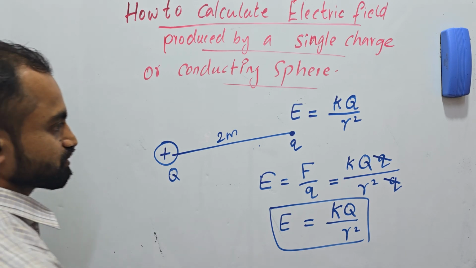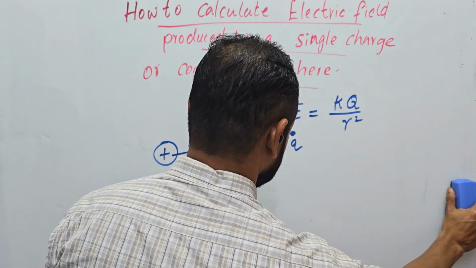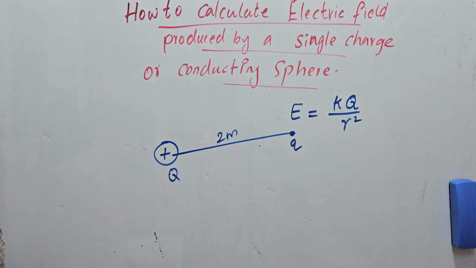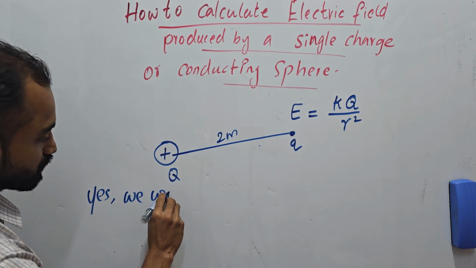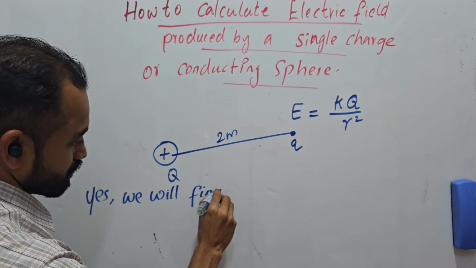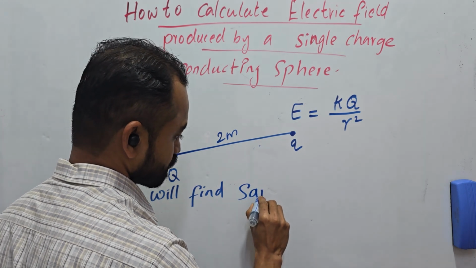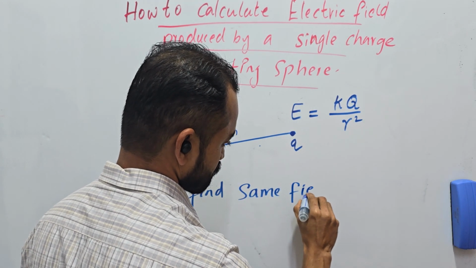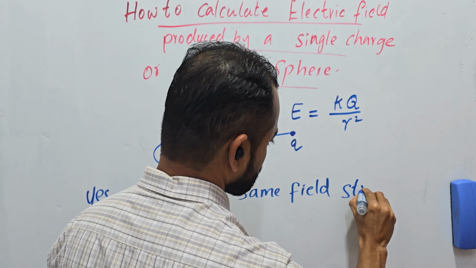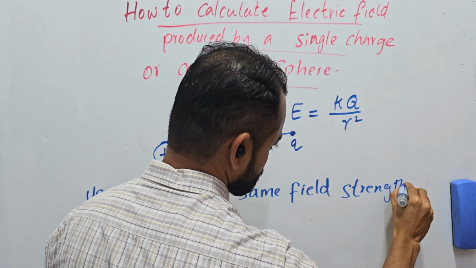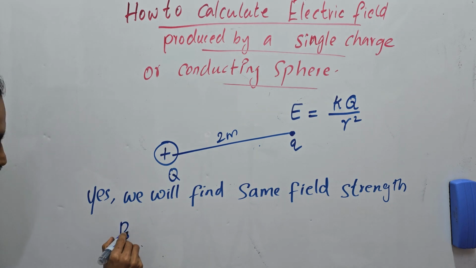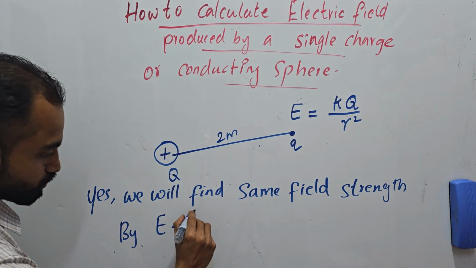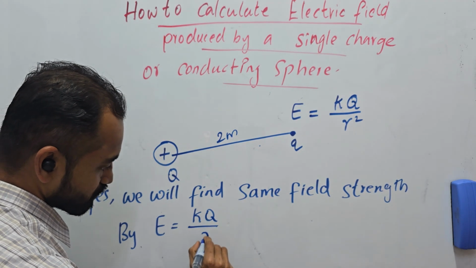So we will write it here. Our answer is, would you find the same field strength? Yes, we will find the same field strength. After that we will write the explanation by E equal to KQ by R square.